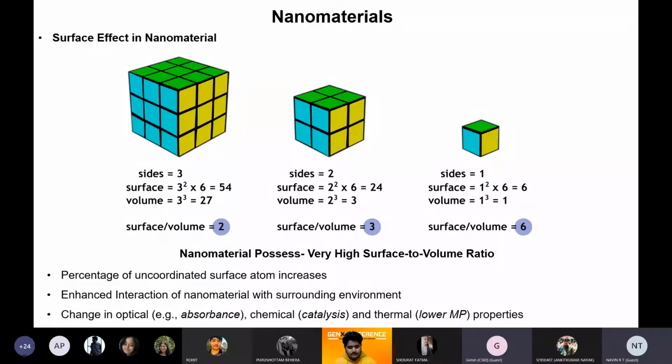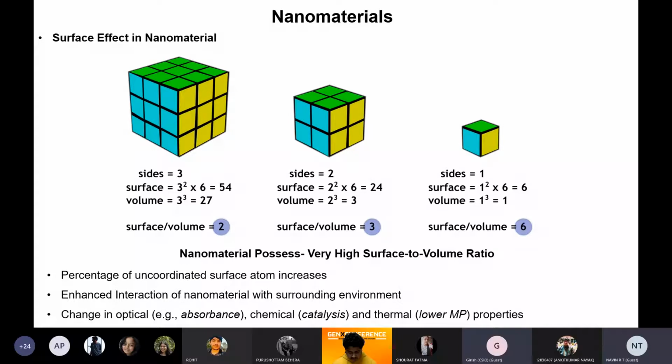If an atom has a tendency to form 8 bonds, those atoms at the surface have neighboring atoms only below them, and the atoms at the edges have an even smaller number of neighboring atoms. So these uncoordinated atoms at the surface are very highly reactive.